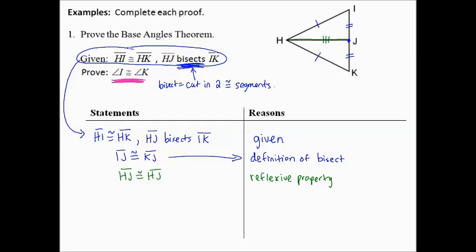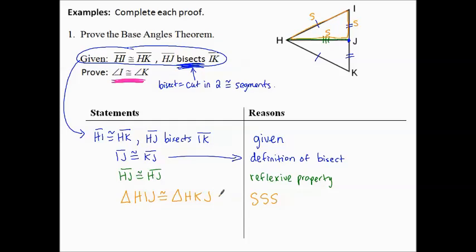I sure do. Let's focus on one of the triangles, maybe the top one. So noticing that this triangle has all the same marks as this triangle, we can use our postulate side, side, side to prove that those triangles are congruent. Let's make that statement. Triangle HIJ is congruent to triangle HKJ.